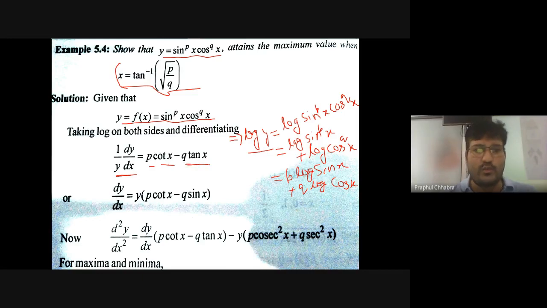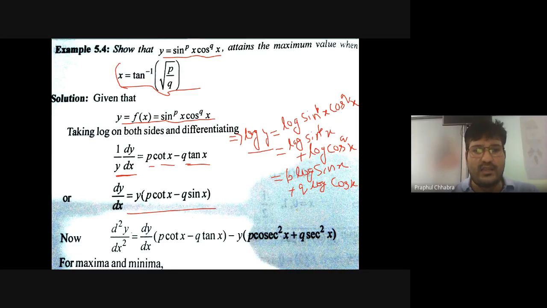So 1 upon y dy upon dx is equal to p cot x minus q tan x, right? y अगर हम इधर शिफ्ट कर दूं, so dy by dx will be y times of p cot x minus q tan x.